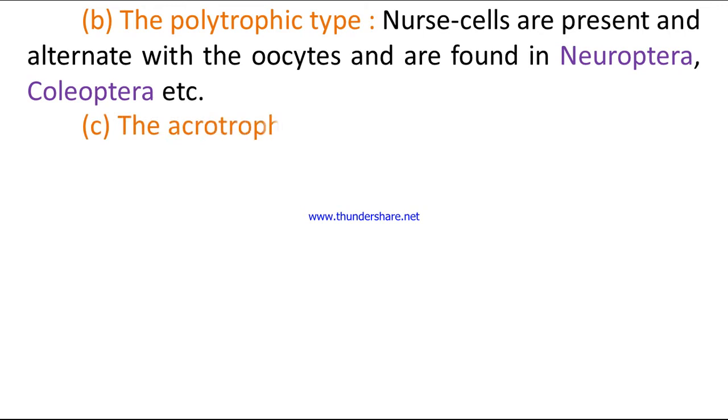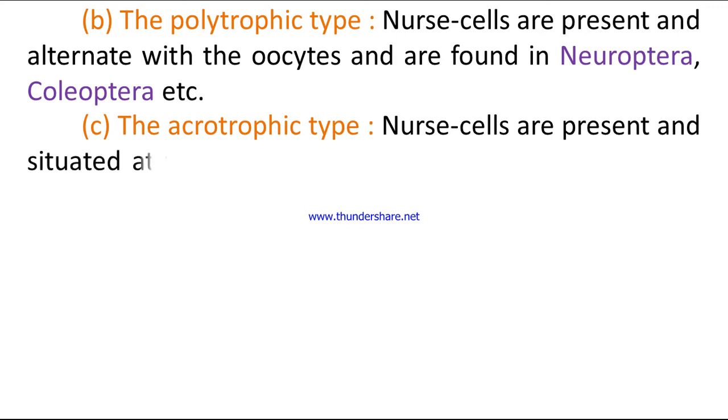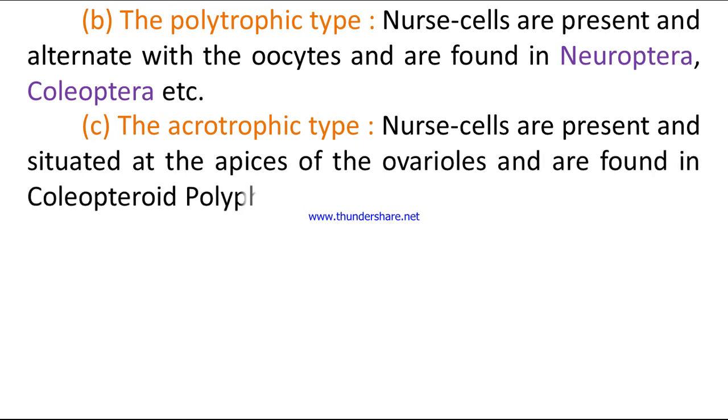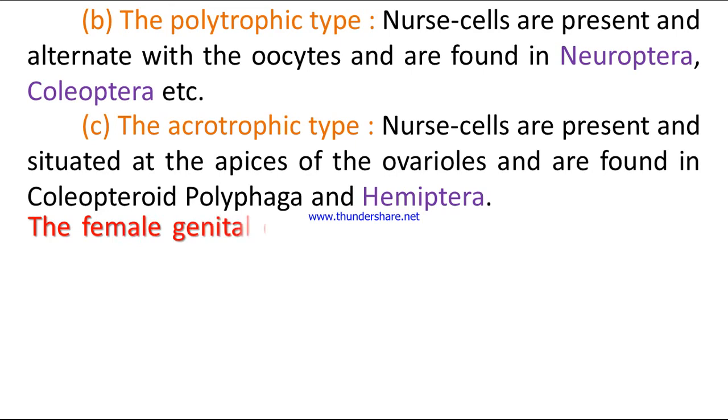Number C, the acrotrophic type. Nurse cells are present and situated at the apices of the ovarioles and are found in coleopteroid Polyphaga and Hemiptera. The female genital ducts.